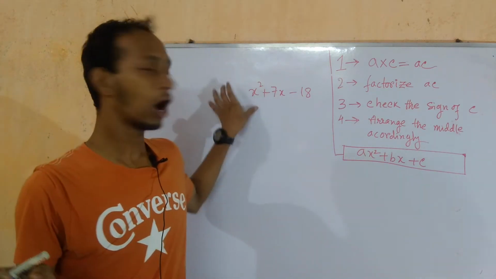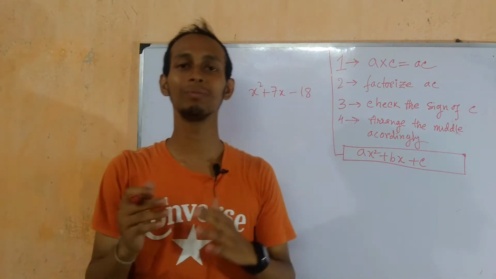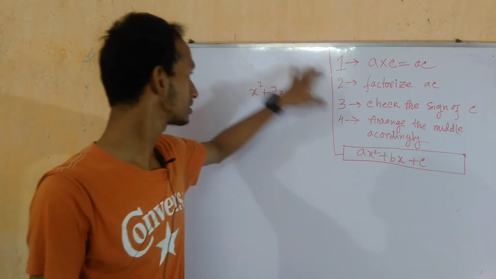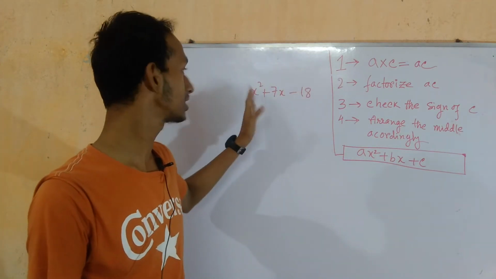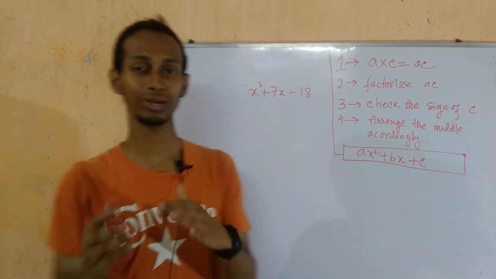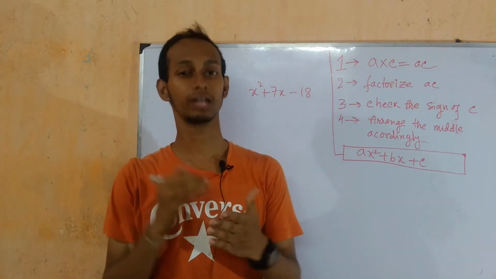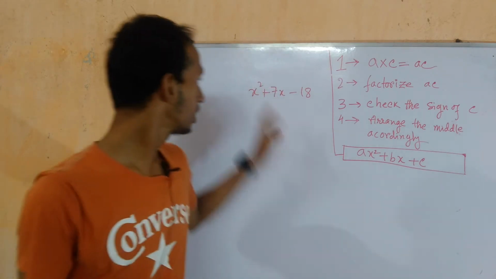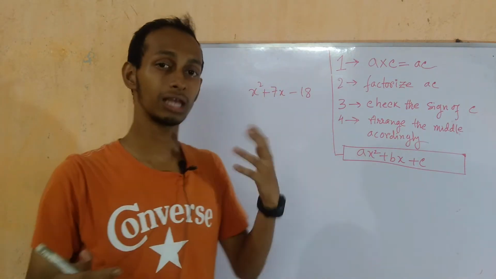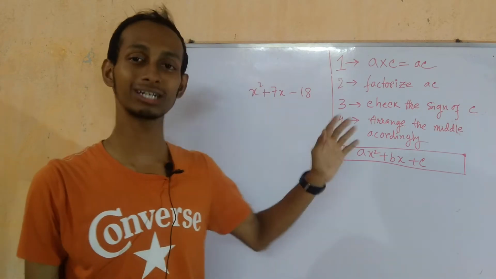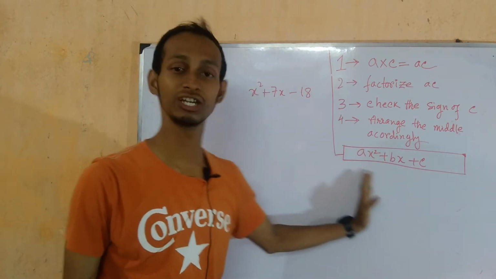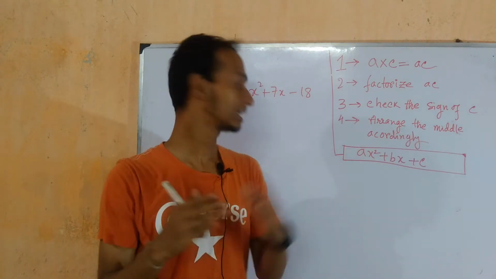Check. All middle term factorization will be in a quadratic format. Quadratic format means this is a polynomial and the degree of this polynomial is 2. When a polynomial is of degree 2, it is called a quadratic polynomial. So in every sum there will be a quadratic polynomial. This is the general form of a quadratic expression.